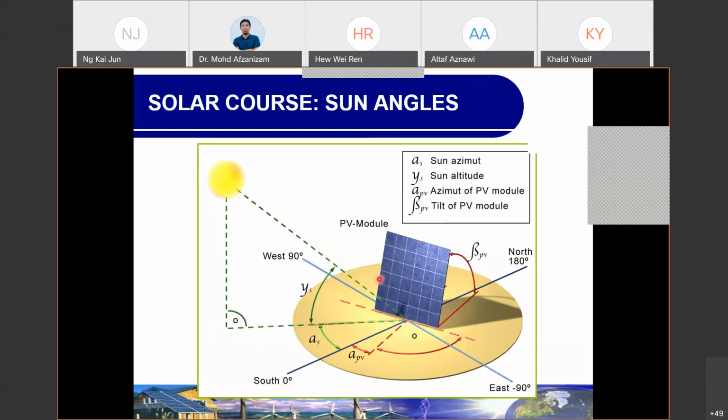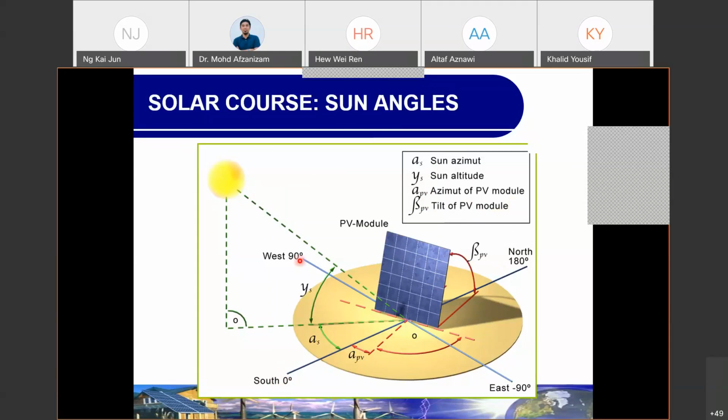Okay. So this blue one is the PV module. The most important part, this one, is the PV with the horizontal plane, which is the beta PV or the tilt angle, again, tilt of the PV module, which is this one. By referring to the south as 0 degree, towards the sun is the sun azimuth, and towards the PV is the PV azimuth, or azimuth of the PV, by referring to the south zero.